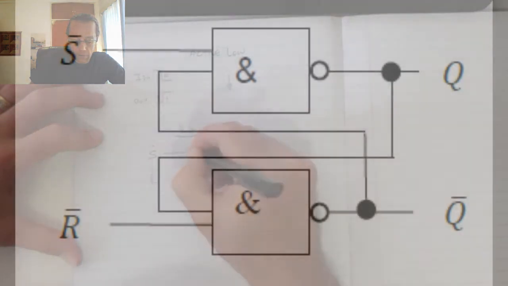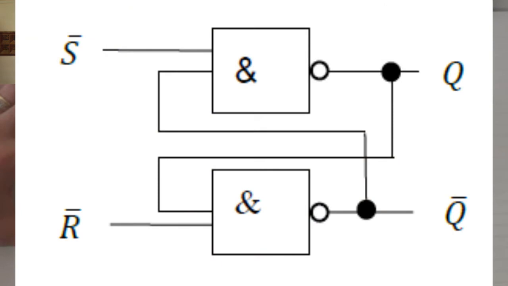That goes into a NAND gate, which then feeds into my Q. The reset also goes into a NAND gate, which then goes into my NOT Q as my output, and then I've got the same crisscross latching that occurs with the RS active high.